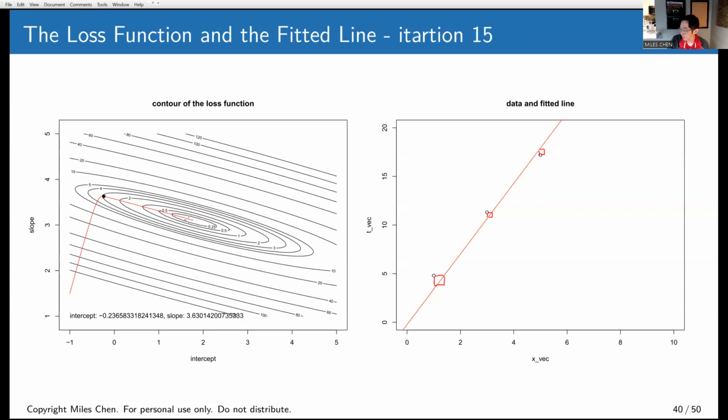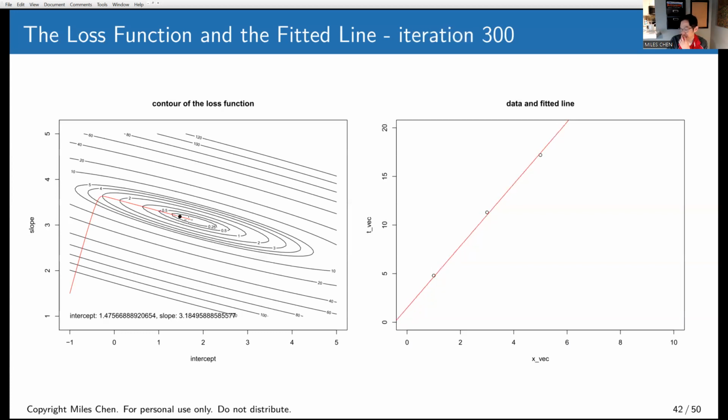After a few more iterations, the slope decreases a little bit and the intercept goes up. And after a few more iterations, the slope decreases a little bit and the intercept goes up, right? It takes a lot of iterations just to do this little bit of decreasing the slope and increasing the intercept.